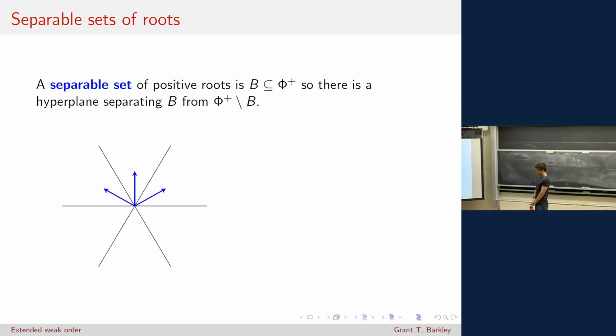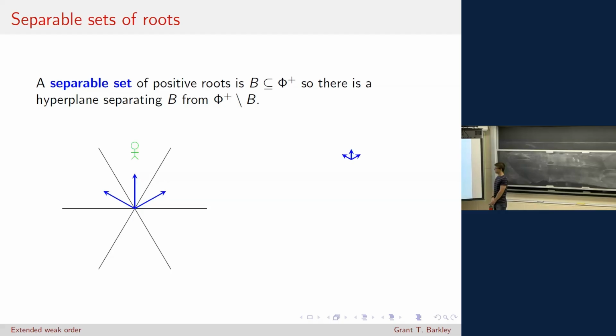Okay, so let's see this. Over here on the left, I have the A2 root system, the one for S3, and its Coxeter arrangement. And I'm just going to write down the separable sets. How am I going to do this? Well, I'm going to start out imagining this little green man right here, and the little green man currently can see all three of the roots.